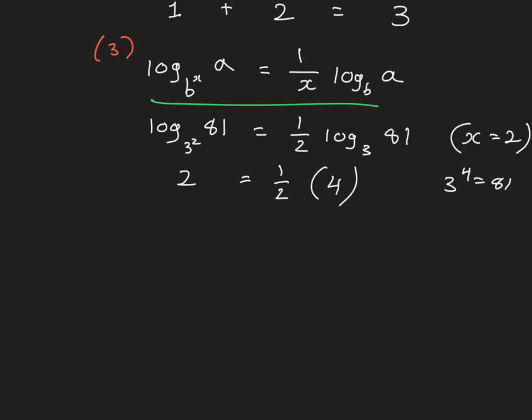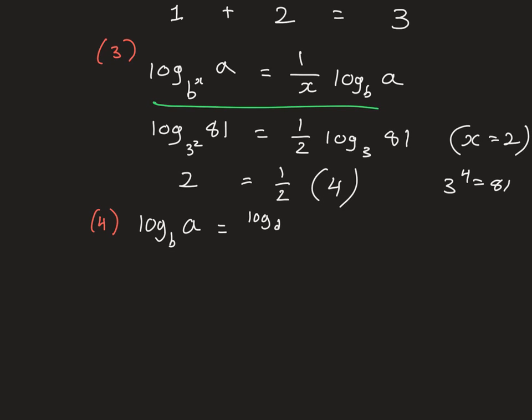Now, property 4 is the most interesting one. It says that log base b of a is the same as log base d of a over log base d of b, where d is any positive number.